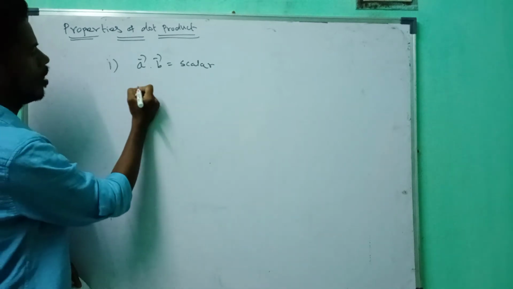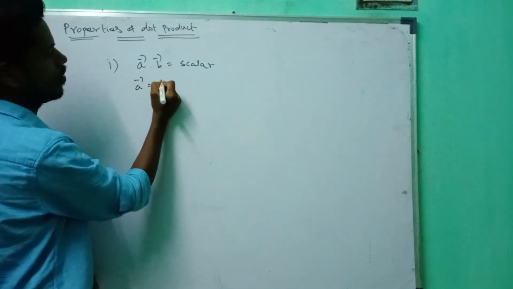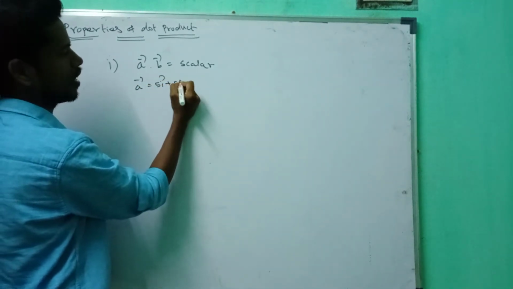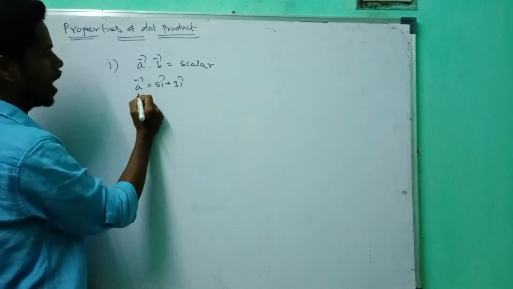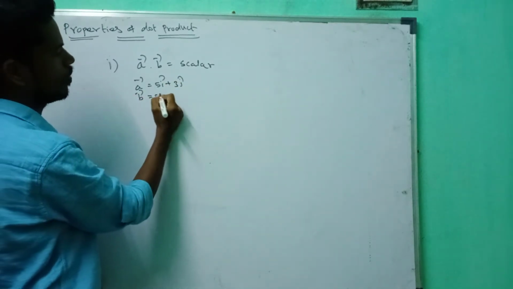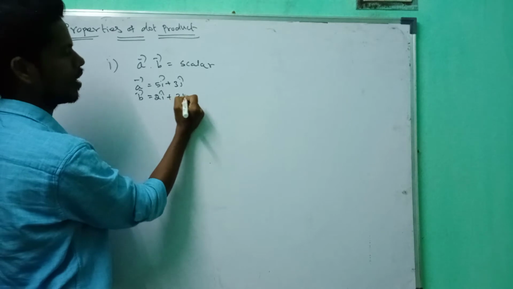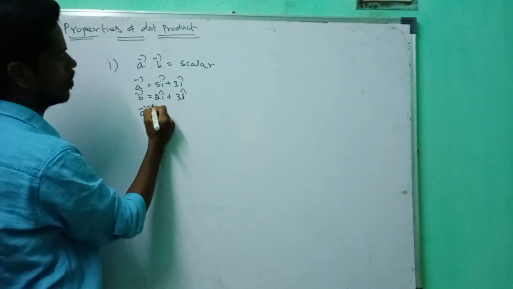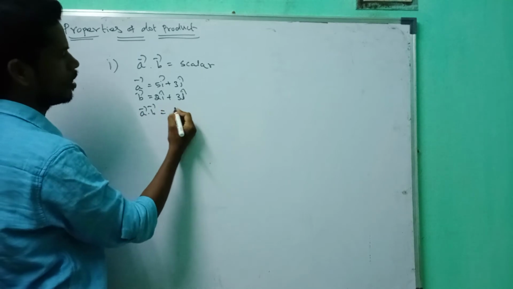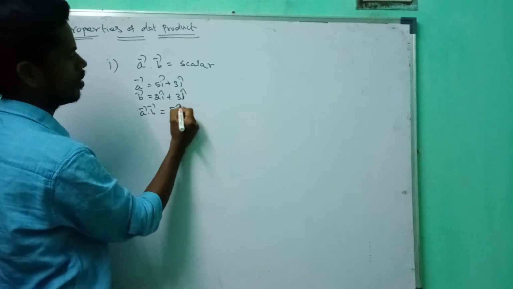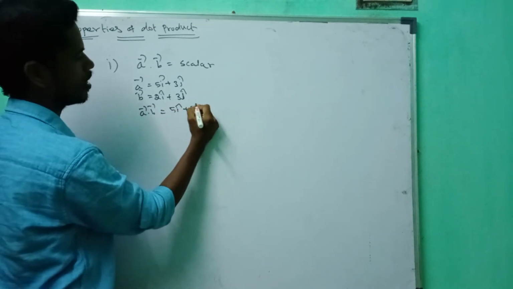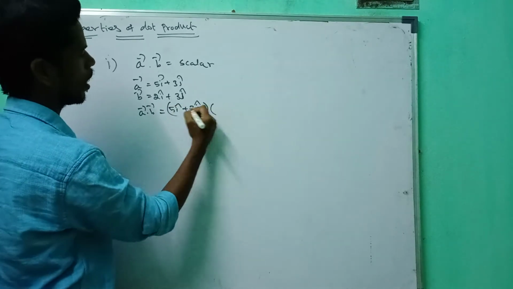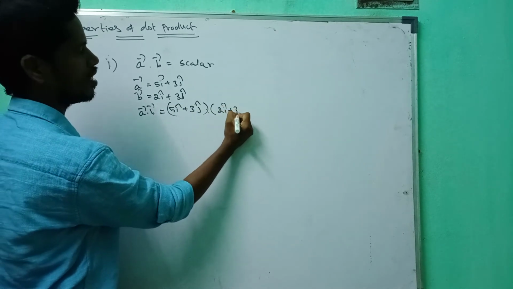For example, consider a vector equal to 5i vector plus 3j vector, and b vector equal to 2i vector plus 3j vector. If you take the dot product of a vector and b vector, what happened? 5i cap plus 3j cap dot 2i cap plus 3j cap.